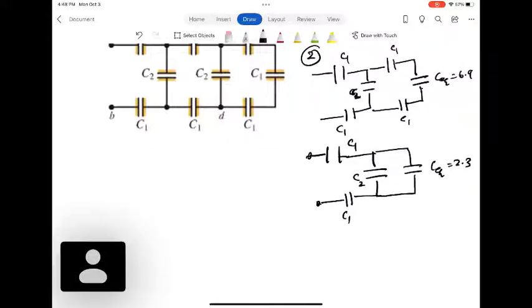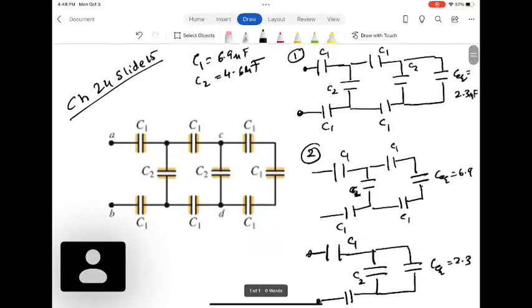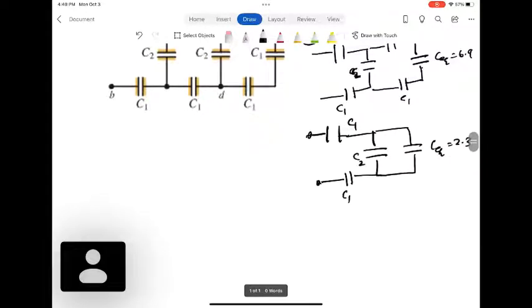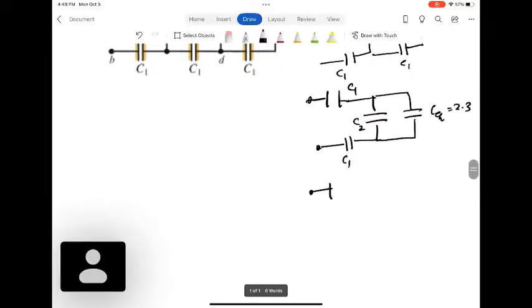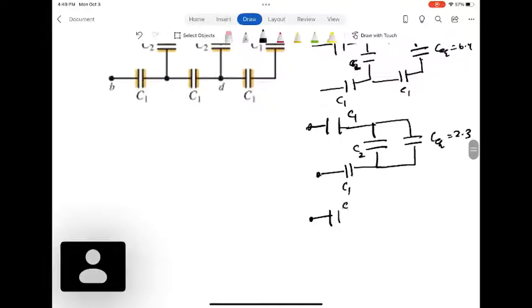All right. And so now we need to once again combine the C2 and the C equivalent. So we'll again end up adding 4.6 and 2.3, which once again gives us 6.9. And so we end up with a C1, a C equivalent, which is 6.9, and a C1.